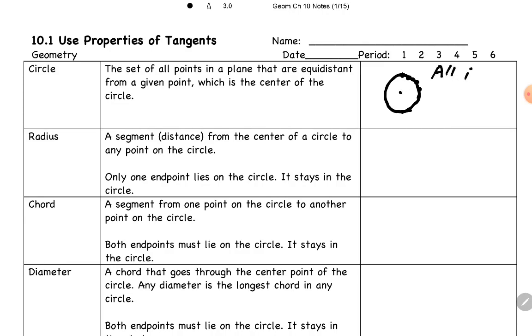So all points on a circle are the same distance to the center.